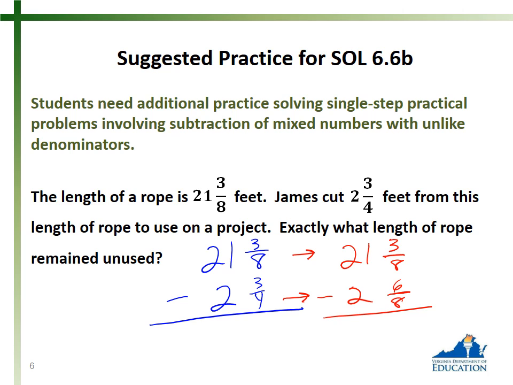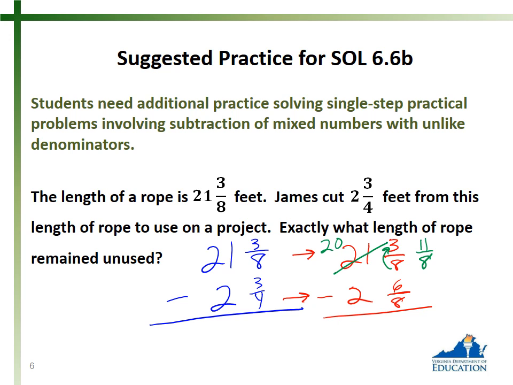We're going to subtract these, but we notice that 3 minus 6 we can't do, so what we have to do is borrow from the whole here. We're going to borrow one whole from 21 to make it 20, and then to 3/8, we're going to add 8 to 3 to get us 11/8. So we have 20 and 11/8 minus 2 and 6/8.